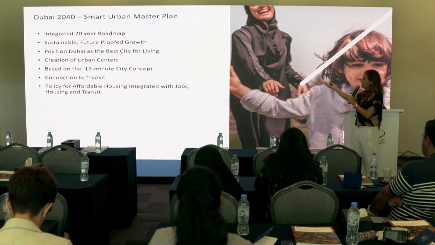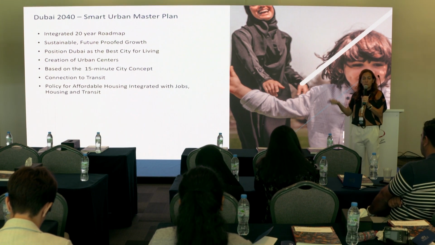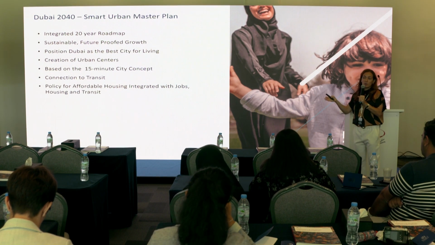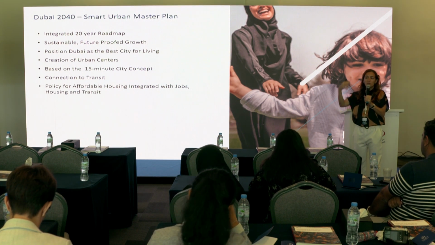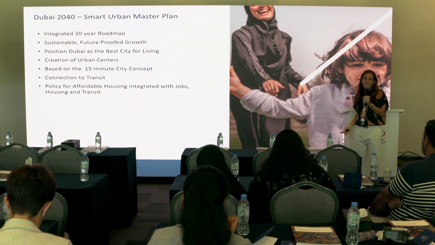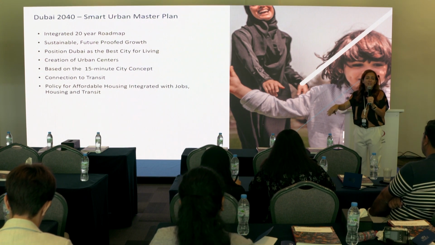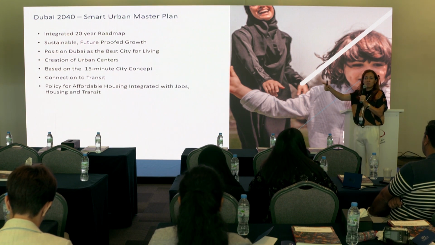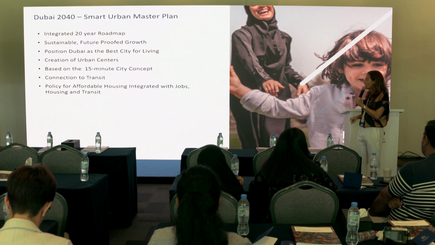The 15-minute city concept, which will support mobility, connection to transit. It'll take you less time to get to work. Maybe if you're living in Sharjah and you're working in Dubai, maybe you don't even need to leave where you're working at the end of the day, because you're 15 minutes away and it's super easy to get around.